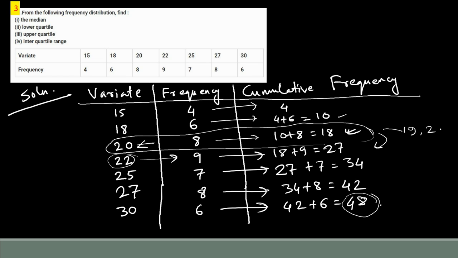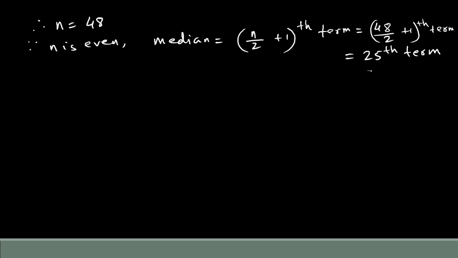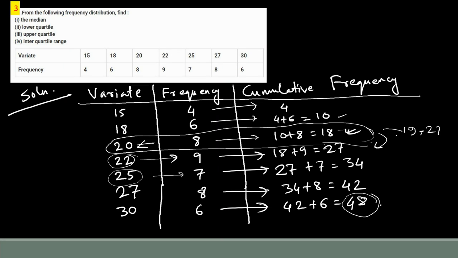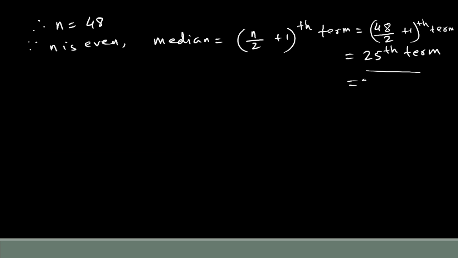Again from 28 to 34, the number 25 was there, 7 times. Hope you are getting the point, right? So basically our median lies in the 25th term. Up till 18th it was 20, and from 19 to 27 it was 22. So our median will be 22.